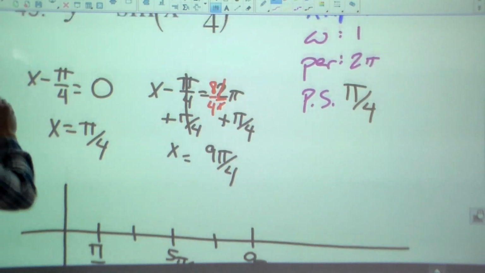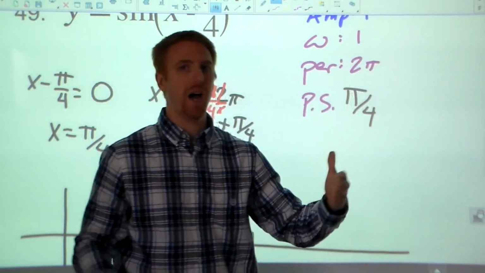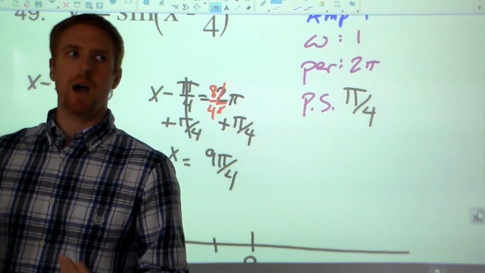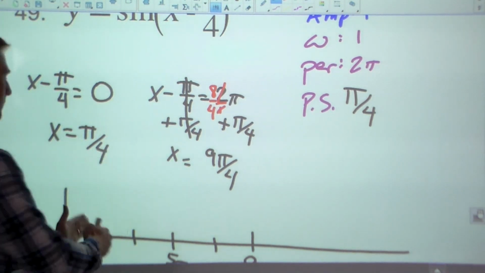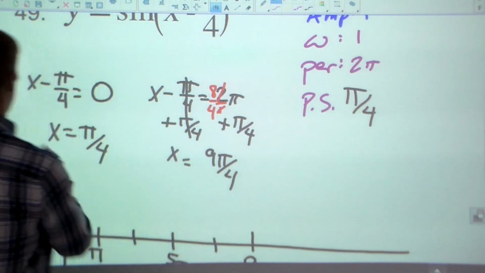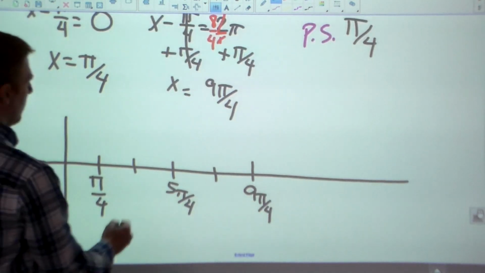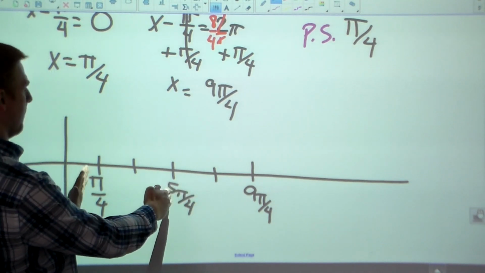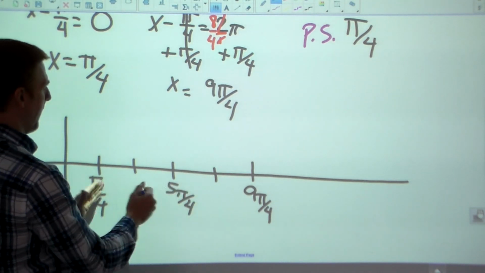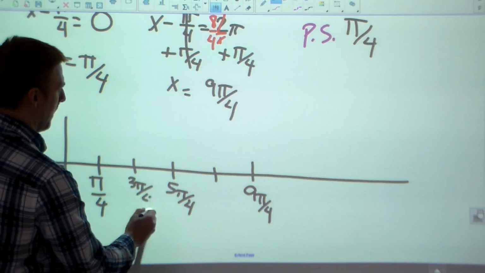Another thing you can do, you can take your period and divide it by 4. That would be pi over 2. And every pi over 2 radians, you're going to get another increment, another tick mark. It's whatever works for you, okay? I like this method where you just keep cutting things in half. 1 pi and 5 pi with 3 pi in the middle, so 3 pi over 4.